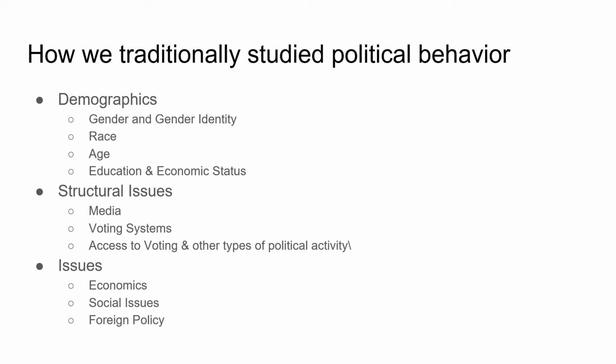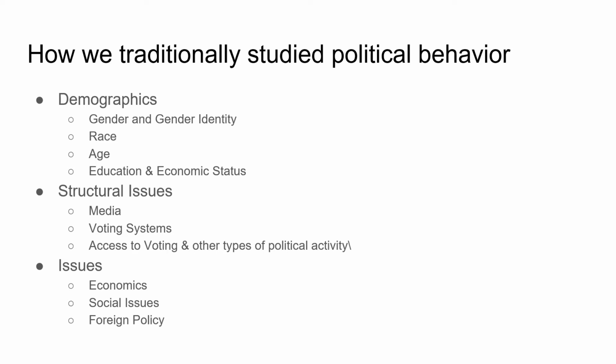Then the next thing we do is we look at issues. How does the economy influence who's elected? For instance, a month ago, the odds makers were saying that Trump was going to get reelected because the economy was good. Now that the coronavirus has hit, the economy has kind of fallen apart, and that has lowered Trump's chances of being reelected dramatically.